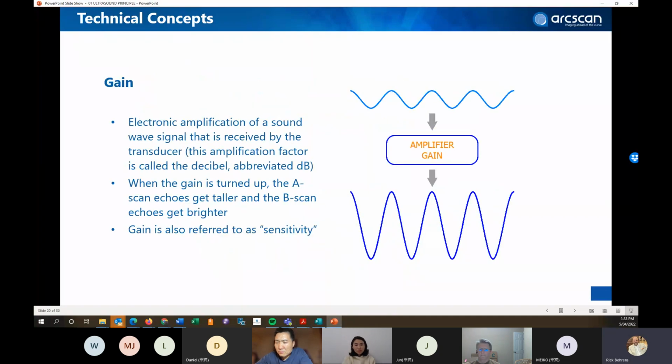Now, when we test the unit, remember I said the guy speaking, as we use speakers on our phones and in our cars, the ultrasound also has this volume, and you can speak really loud or soft, and that's the gain. The gain is the volume that we transmit the ultrasound waves into the eye.